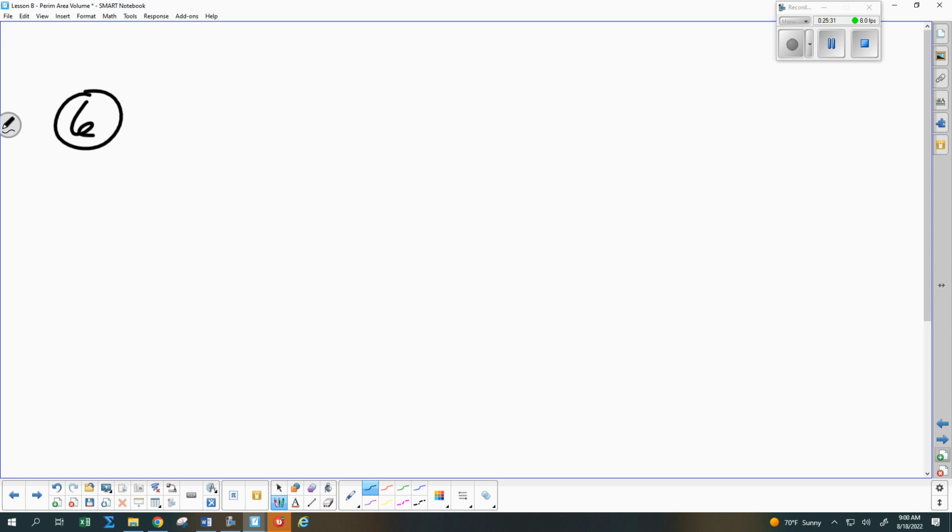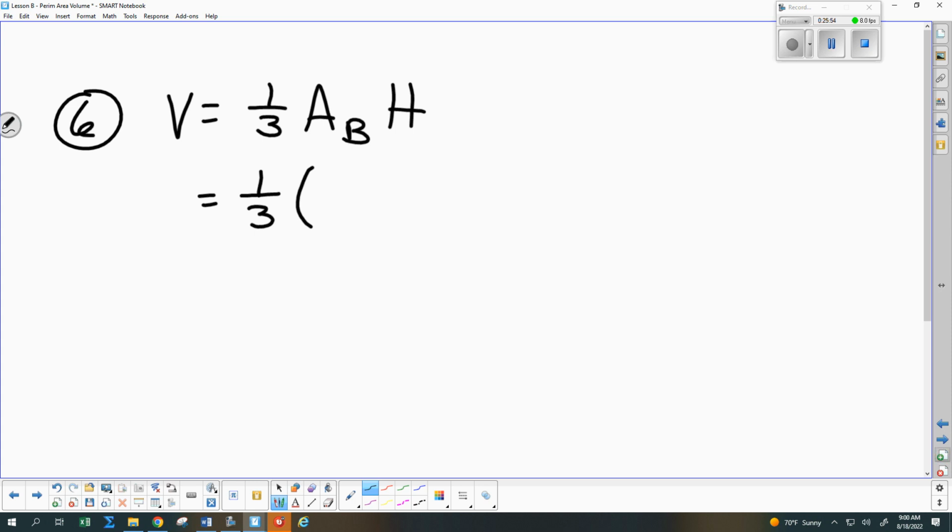And so we need to find the volume of a pyramid. So what is the formula that you wrote down for volume of a pyramid? Ayla? So we need 1/3 area of the base times the height. So we need to figure out that base and then the height on it.